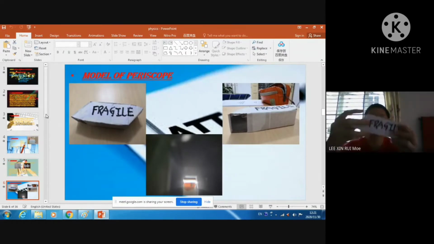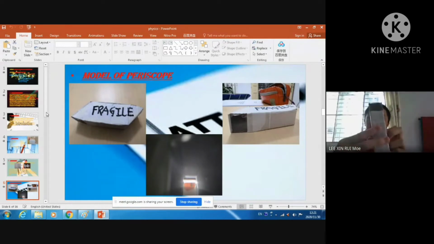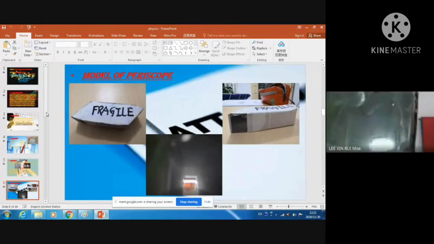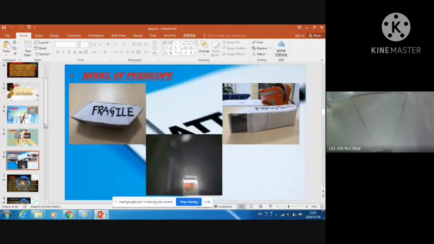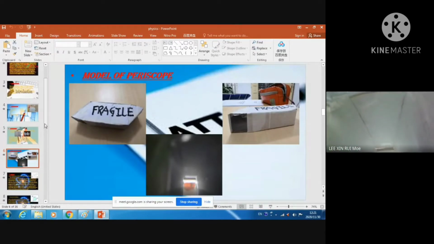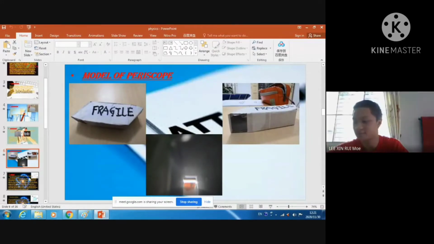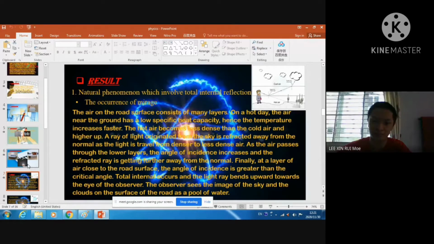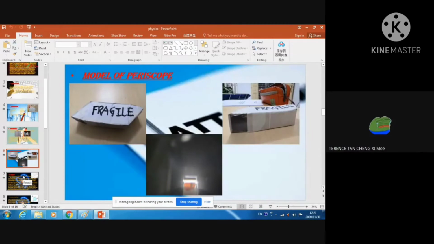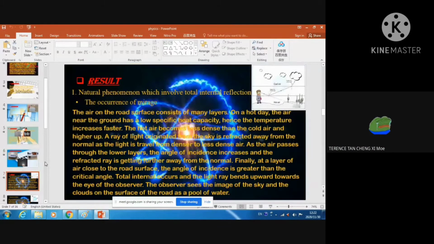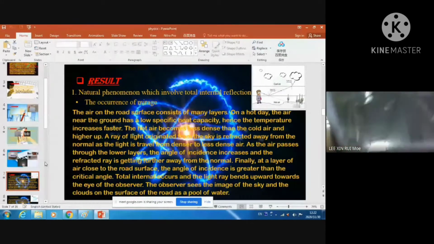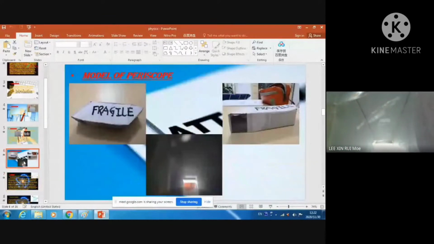Here is the real thing. Hope you can see clearly? Maybe if I put it like this, can you see anything? Well, I don't think so, because we can see. Can you see something through the periscope?